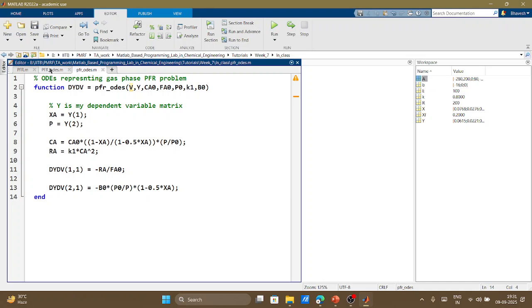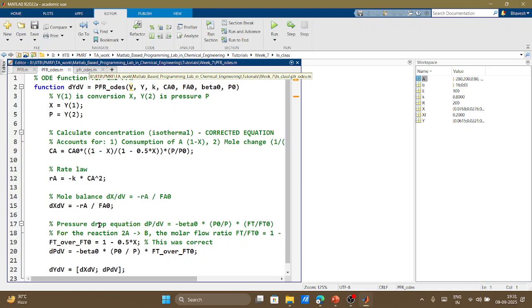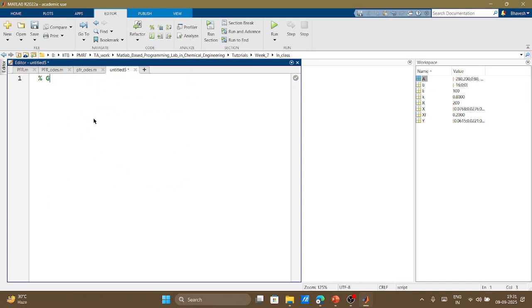Let me just quickly check with the previous one. I have CA, which I found, found the RA, this beta P naught by P factor, and I can return dy by dv. Okay, so this creates your PFR ODEs. Now let's try to solve the gas phase PFR reaction.